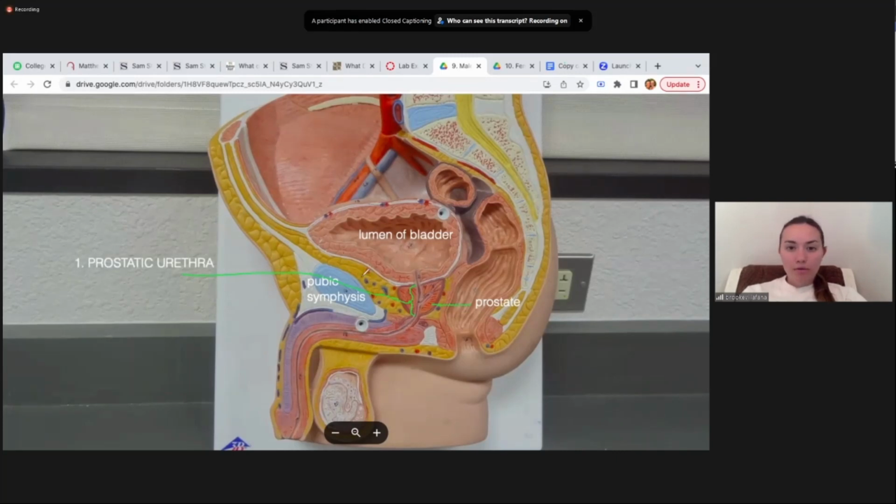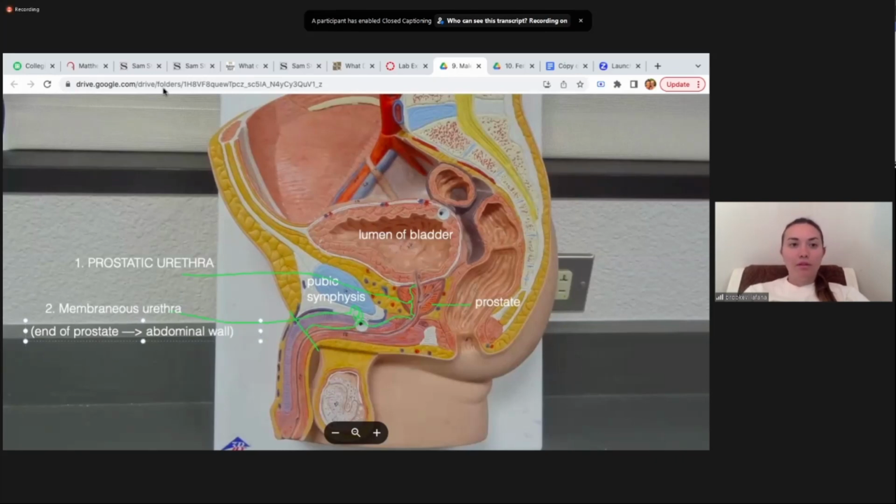Then the next part of the urethra is called the membranous urethra, and it's inside of the abdominal cavity. So do we see this little line here? That would be the end of the membranous. So this is number 2, membranous urethra. So it's from the end of the prostate to the abdominal wall is the membranous urethra.